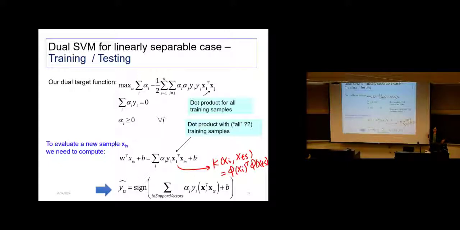What you need to calculate is only the kernel, or this inner product value, of your test sample versus the support vectors. Any questions about this? This is one of the good reasons the SVM dual formulation is better than the original formulation.